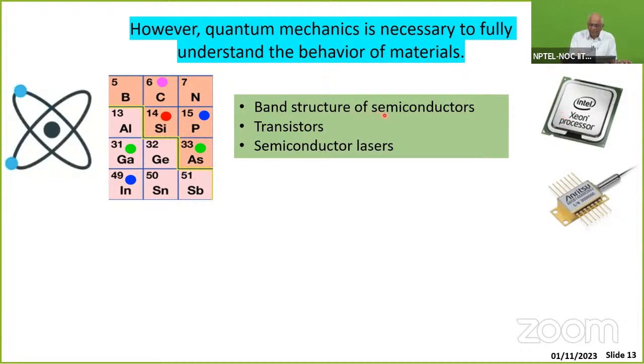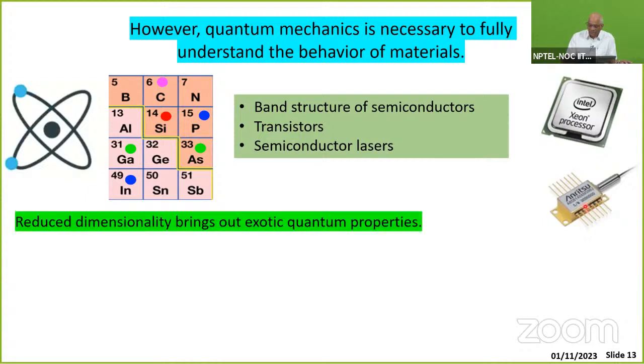So the band structure of semiconductors led to the discovery of transistors, which led to the discovery of semiconductor lasers. A very small footprint semiconductor laser can send terabits, petabits of information over the optical fiber.